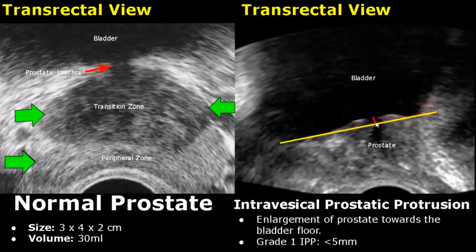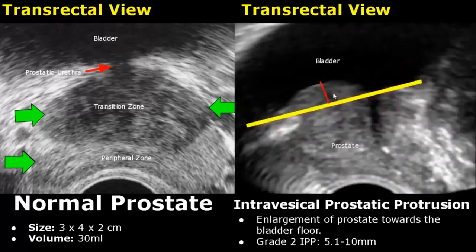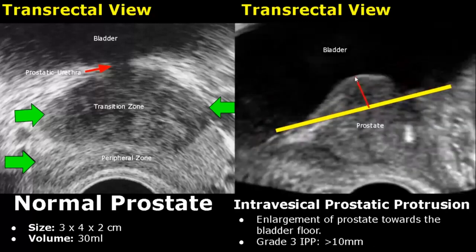Grade 1 protrusion will measure 5 millimeters or less. Here we have grade 2 intravesical prostatic protrusion. The prostate protrusion is increased here, measuring between 5.1 to 10 millimeters. In grade 3 intravesical prostatic protrusion, the value will be more than 10 millimeters.